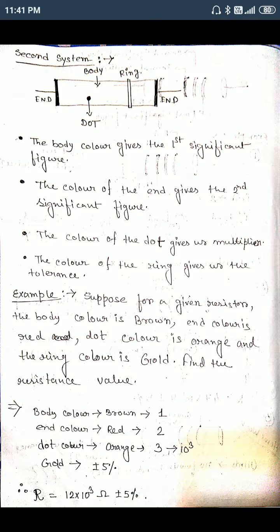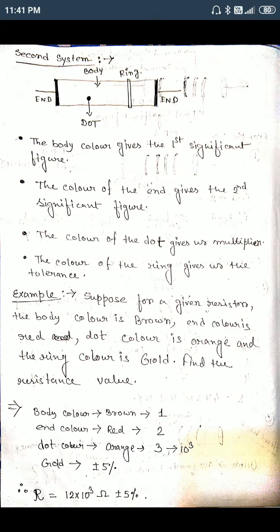The body color gives us the first significant figure, the color of the end gives us the second significant figure, the dot gives us the multiplier, because after the first and second significant figures comes the multiplier, and the ring gives us the tolerance.